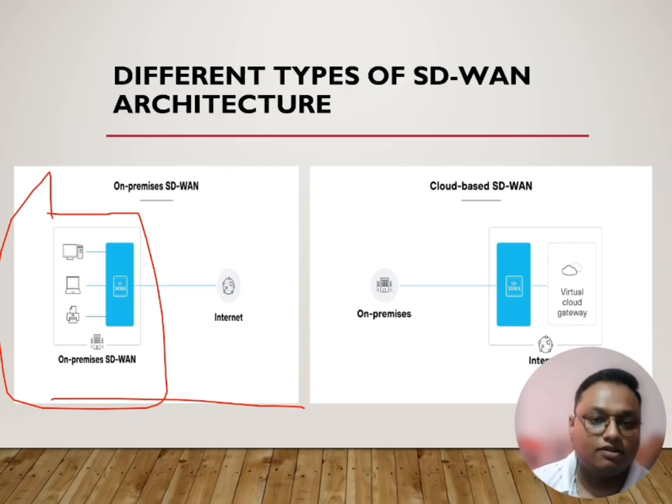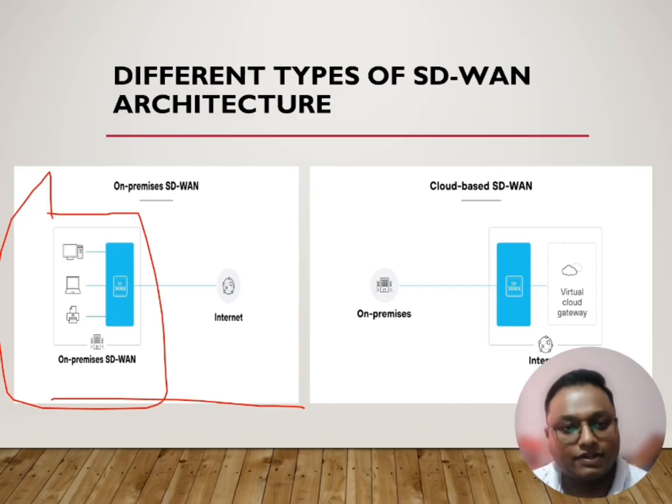But in this case, the control is localized at the local site, and that model can limit efficiency when workloads are heavily cloud-based, and it will also be difficult to manage when cloud-based traffic increases across multiple geographically located locations.